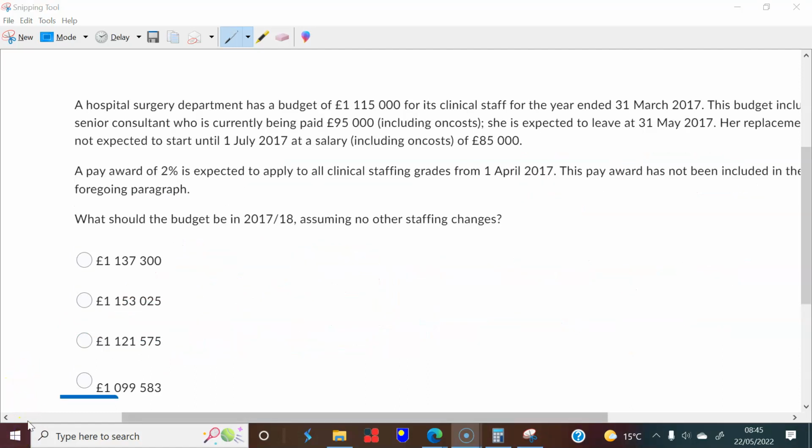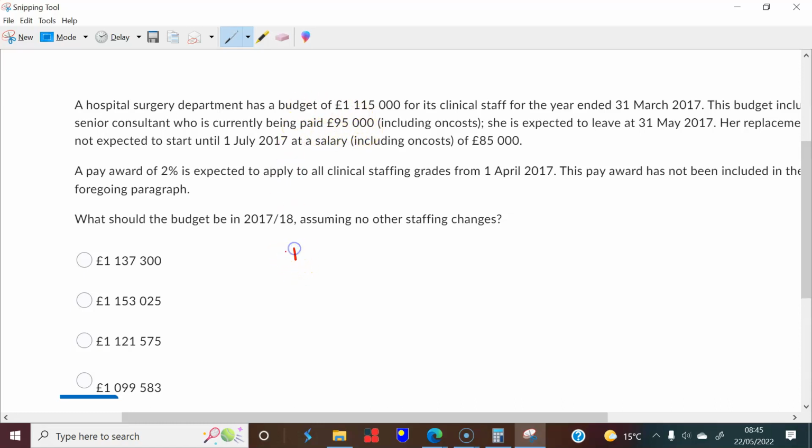Okay, and the final question in this quiz, I think, is one that can be done in a number of ways. From the way I wanted to do this, it just felt a little bit clearer for me if I took this away at the beginning of the year. I just felt a bit more comfortable dealing with this senior consultant separately.